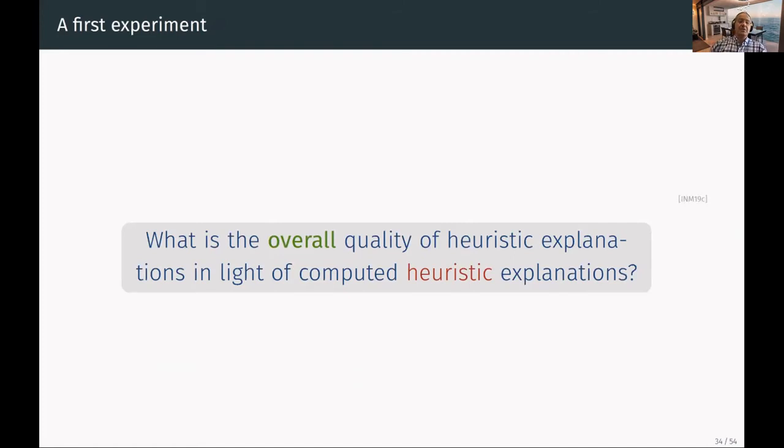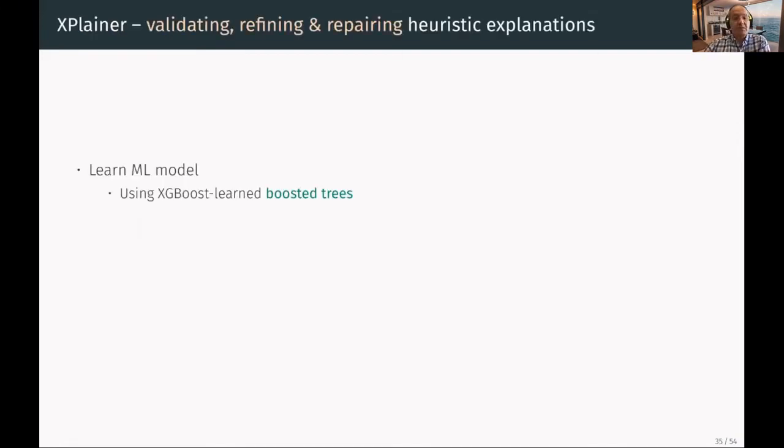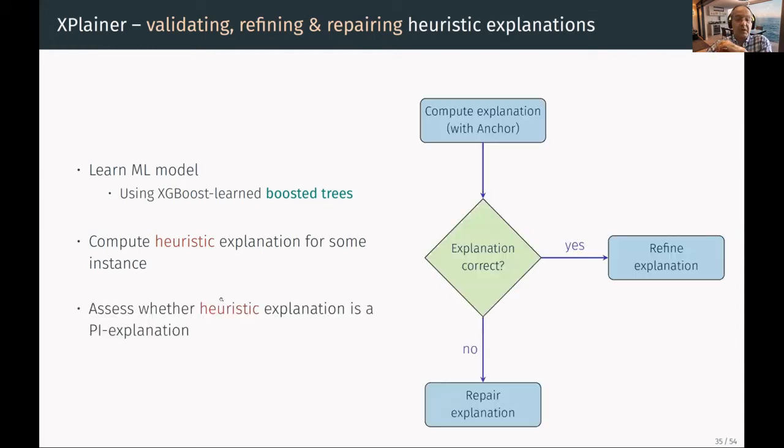So the first question that we asked was, what is the overall quality of heuristic explanations when we compute them? So if we compute them, let's assess them. So what we did was as follows. We learned a machine learning model. We used XGBoost to learn boosted trees. And then we computed the heuristic explanation with any of the tools I just described.